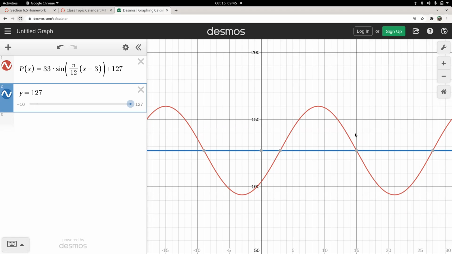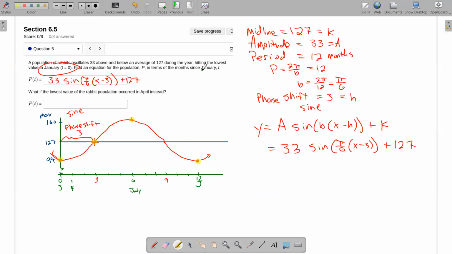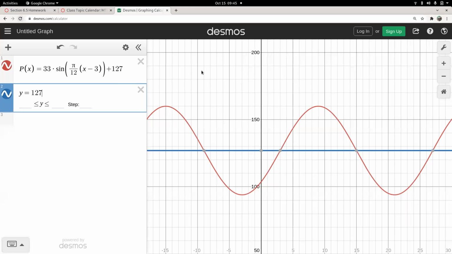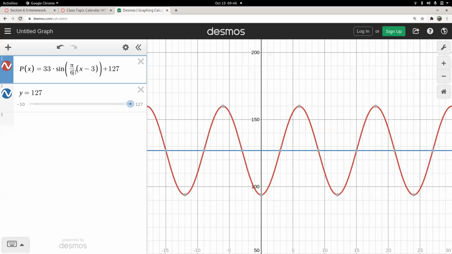So, oh, that did not work. Why not? Oh, pi over 12, that's not right, is it? It should be pi over 6. I must have been thinking about the last problem. Right away I could see it wasn't right because my bottom wasn't at the axis. So I got my multiplier wrong. It's pi over 6.